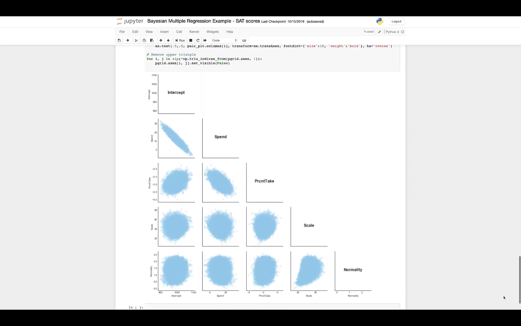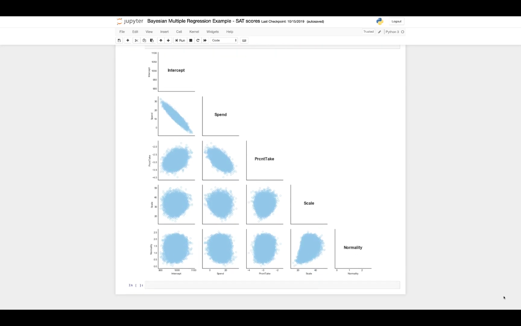Okay, and the last thing we've done here is plots of each one of the components of this particular problem so we can see the relationship. And in fact, you can see that spending and intercept are correlated with each other. Percent takers and spending are slightly correlated with each other, and the other components are not correlated.